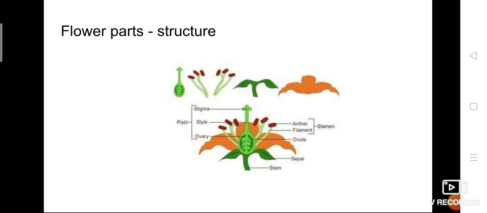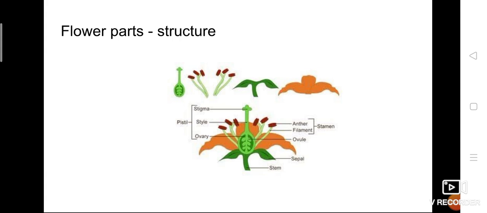We use two names for this, which is the female reproductive organ in a flower. Similarly, you can also see small hair-like thin structures at the sides, and on top some brown heads. They are the male reproductive organ of a flower, called the stamen.